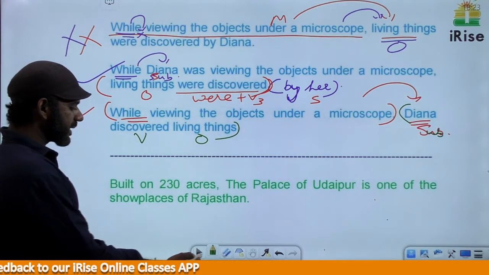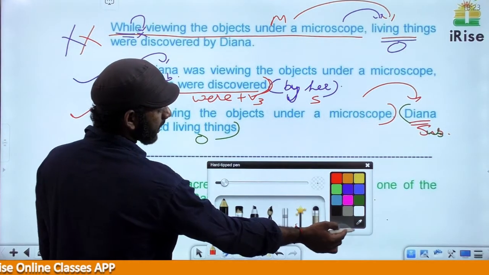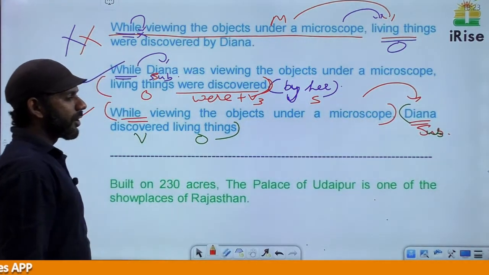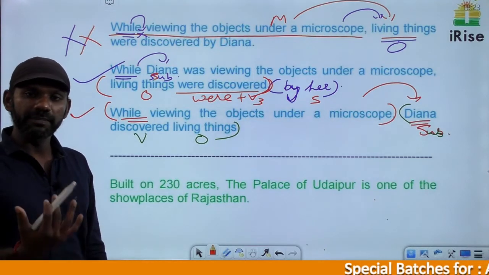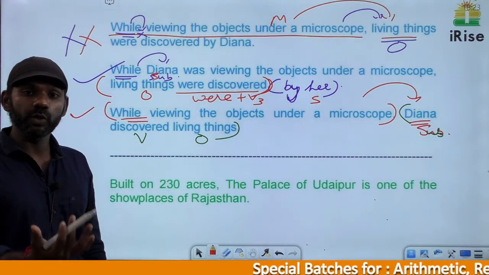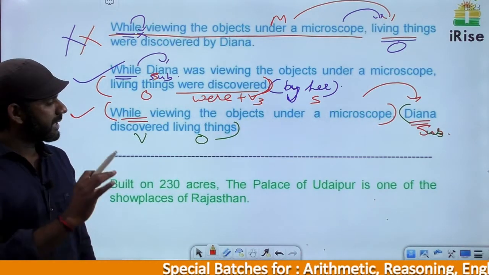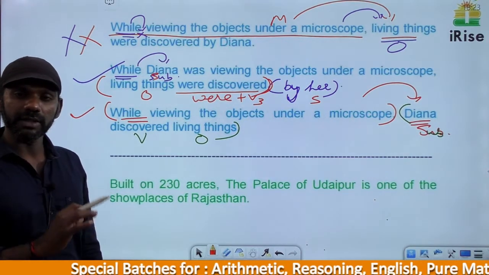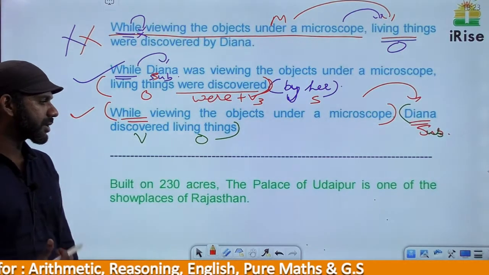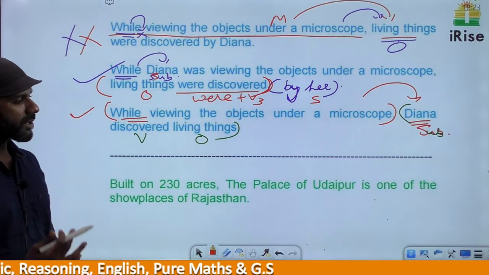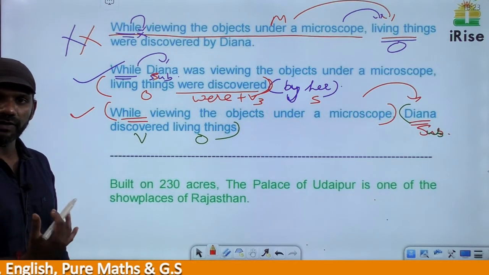One of the show places or one of the show place? As you know, one of the boy, one of the girl, one of the book, all these are grammatically wrong. One of the boys, one of the girls, one of the students, all these are grammatically correct. So one of the show place is wrong, it must be one of the show places.